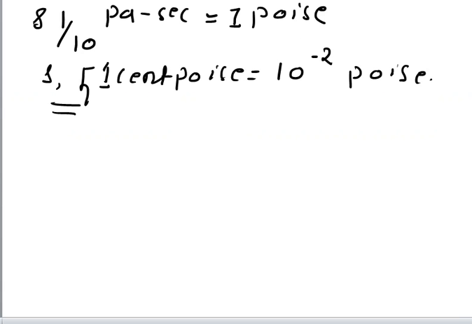Then there is another viscosity, the kinematic viscosity coefficient, which is simply the dynamic viscosity divided by the density. So this is the viscosity of water, mu water, at 20 degrees centigrade.